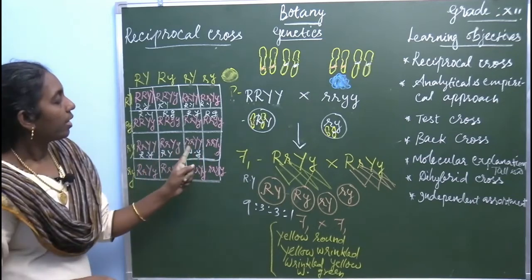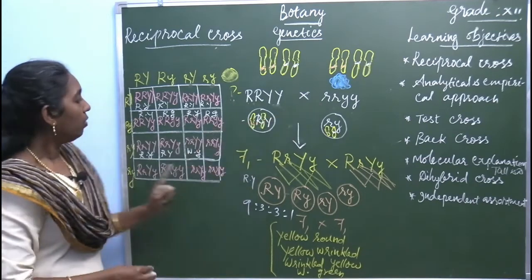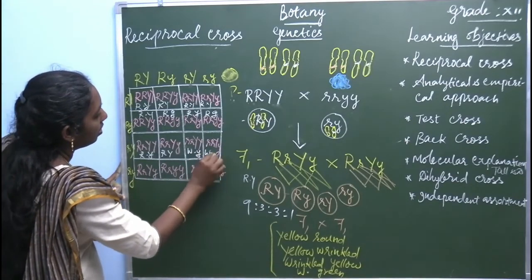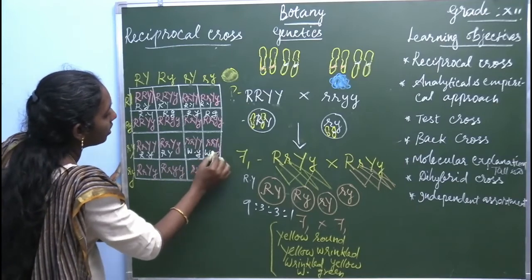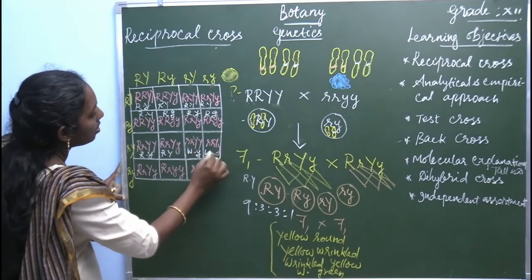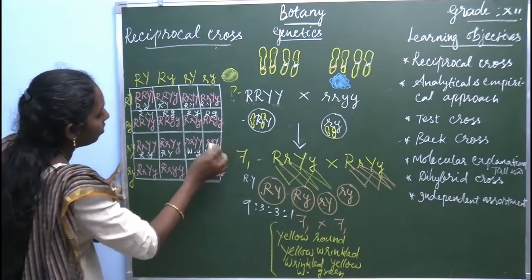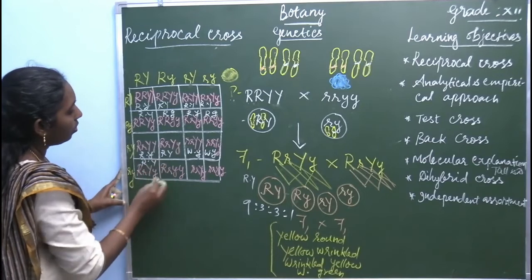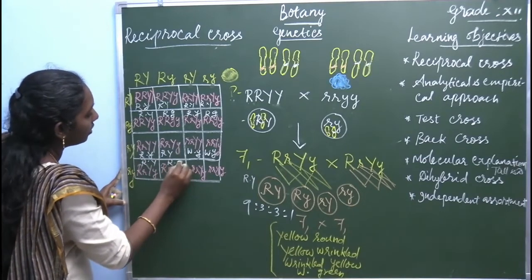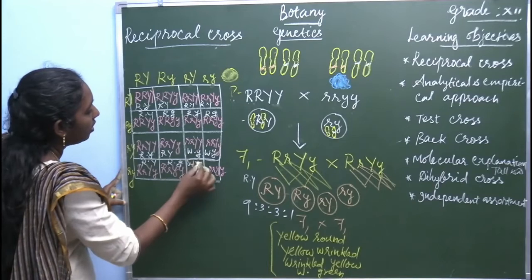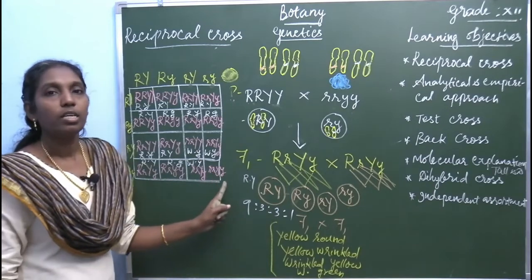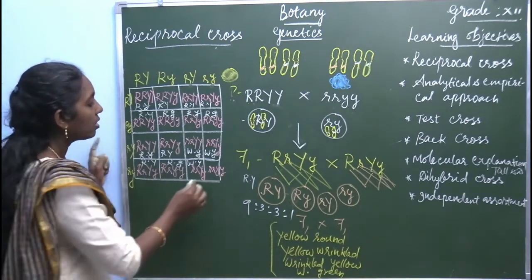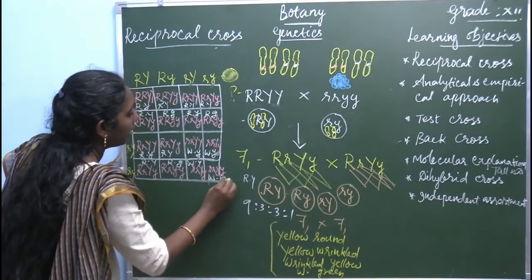Smaller represents wrinkled. Wrinkled yellow, wrinkled green, capital Y is there, so this is wrinkled yellow. Here round yellow, round green, wrinkled yellow, and the last one shows pure recessive, that is wrinkled green.